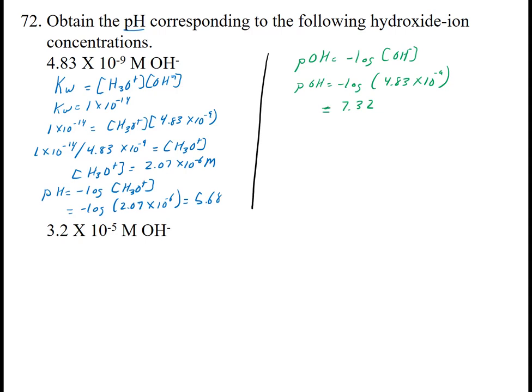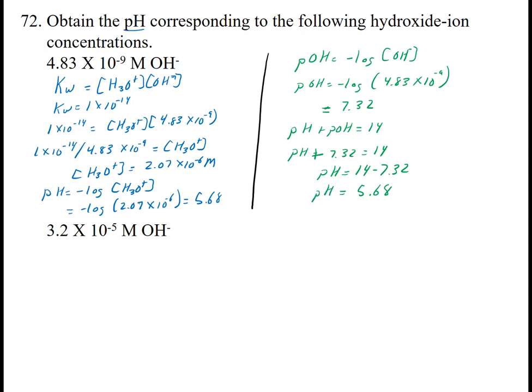The second equation I'm going to use is that pH plus pOH is equal to 14. So pH, which is what I don't know, plus 7.32 is equal to 14. So pH is 14 minus 7.32, which also gives me 5.68. So it doesn't matter which method I use, I get the same numerical answer.